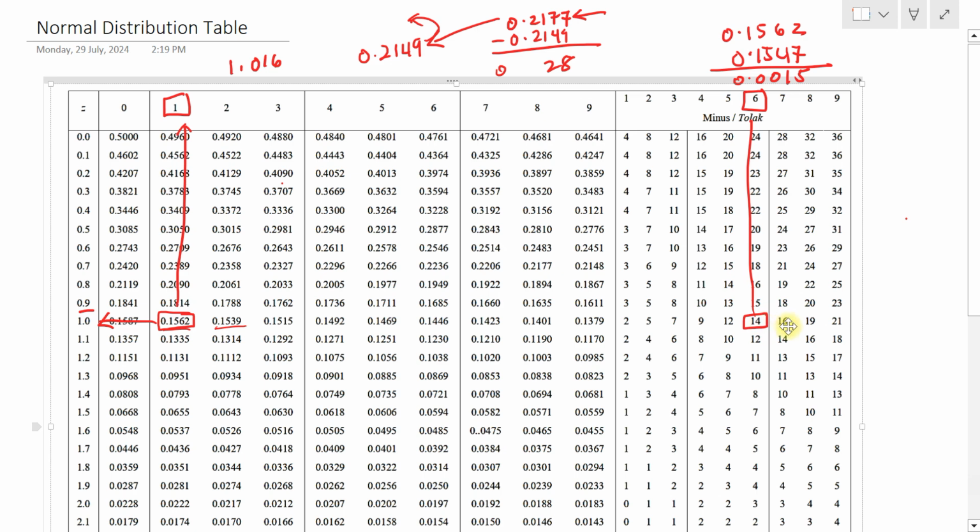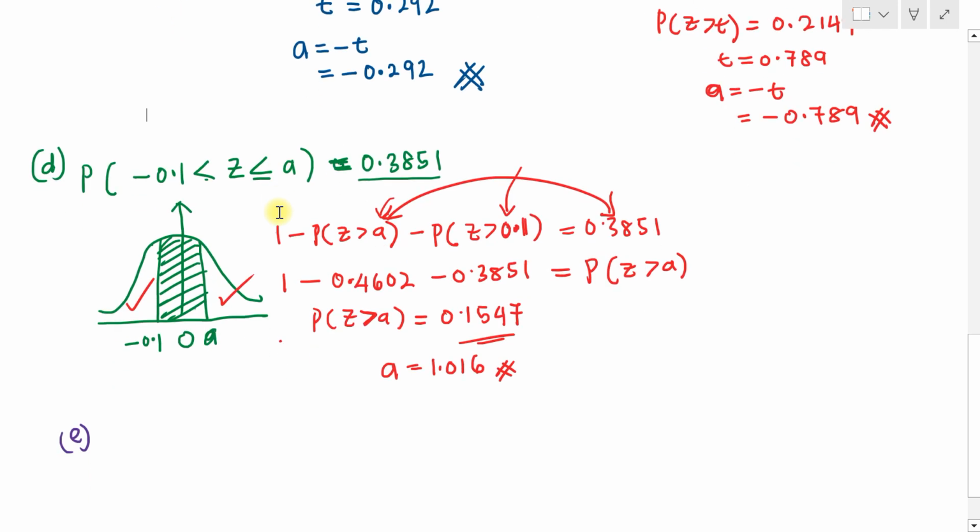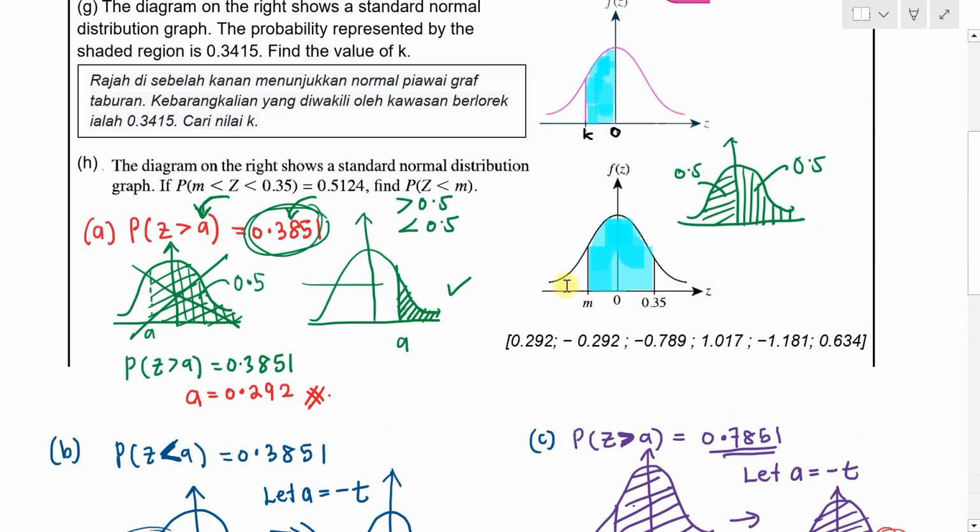They are taking 16 lah. It doesn't matter. Your marking scheme in the exam, SPM examination, they will consider both answers. But logically, we need to minus the small number lah. So 1.016 also correct, 1.017 also correct. Okay, so we get the correct answer.